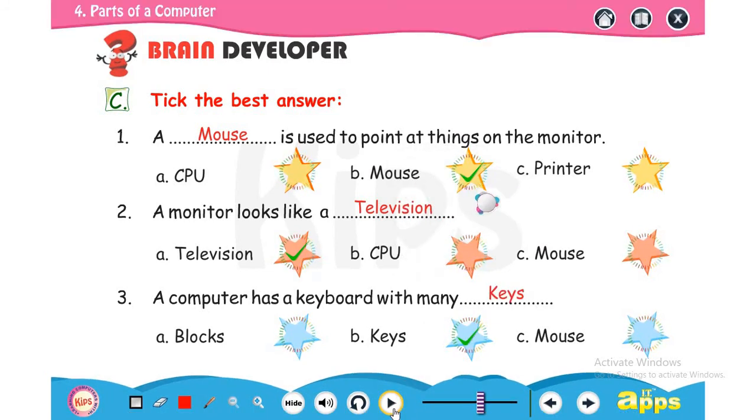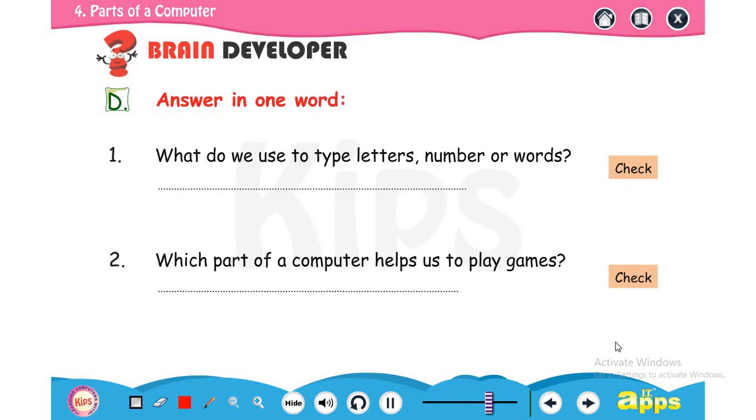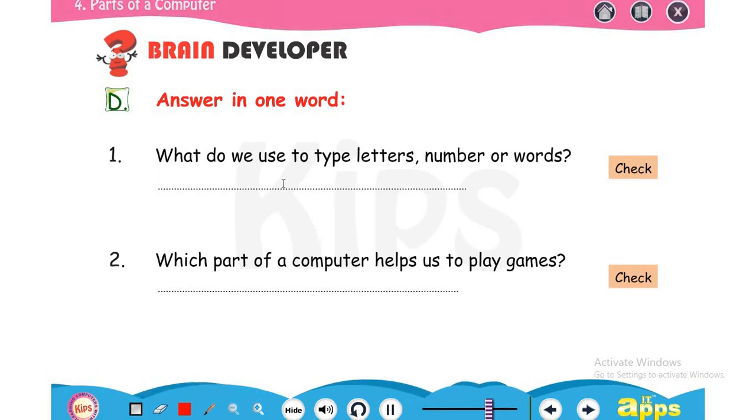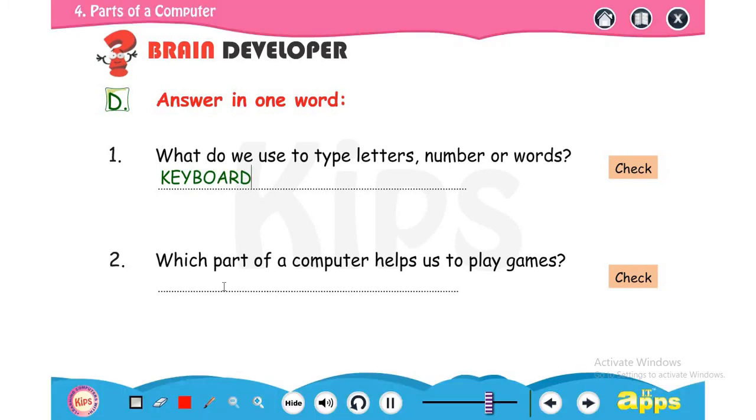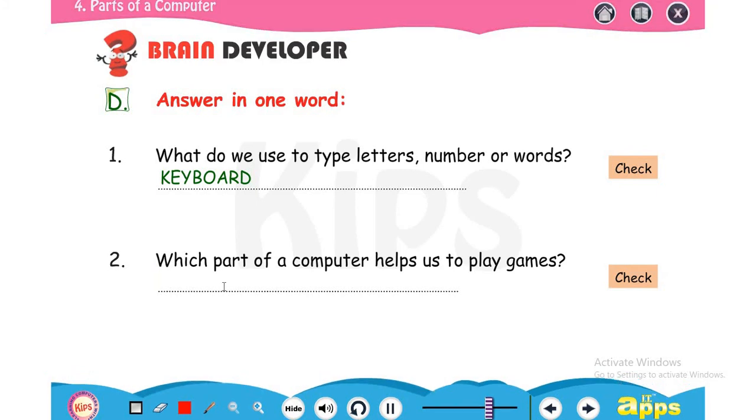Next section. Answer in one word. So first one, what do you use to type a letter, number or a word? Simple. With the help of keyboard, we can write letters, numbers or a word. So keyboard. Which part of a computer helps us to play a game?